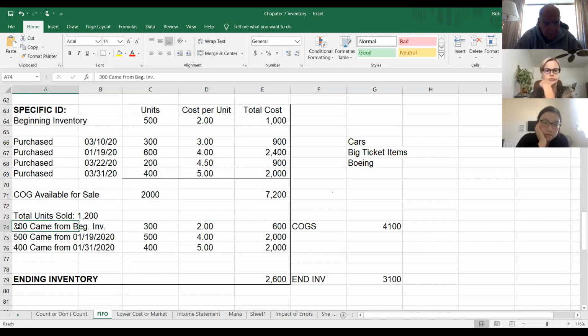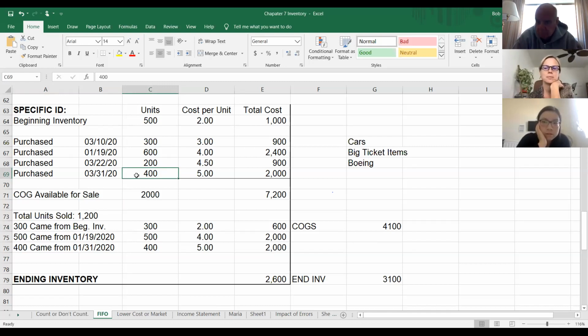So 300 came from this part of the parking lot, 500 came from this part, and 400 came from that part. These are the ones they actually sold.